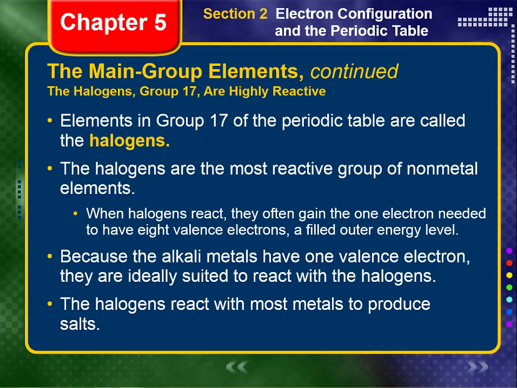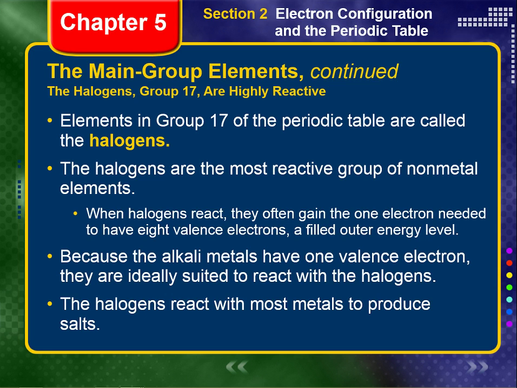The halogens in group 17 are also very highly reactive. They are the most reactive group of non-metal elements. When the halogens react, they often gain the 1 electron needed to have a full 8 valence electrons, right, to satisfy that octet rule, and to have a completely filled outer energy level, which, by the way, is known as a noble gas electron configuration, because there's that full octet.